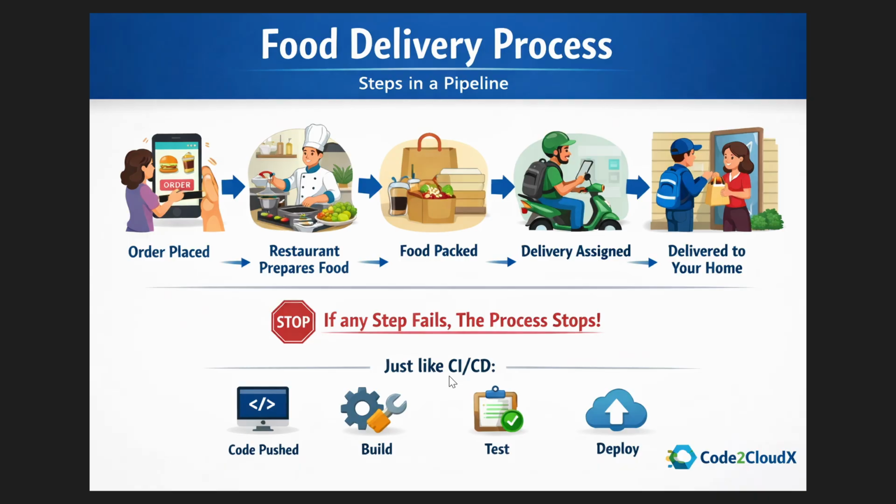Got it? So in GitLab, all these steps are defined inside the .gitlab-ci.yml file. If you check my existing video, I have shown you how to create the .gitlab-ci.yml file, how you mention these steps, and here we define different stages.